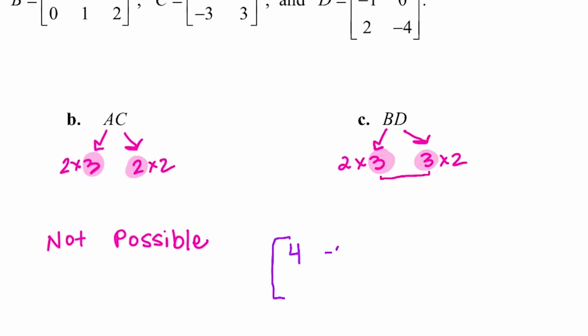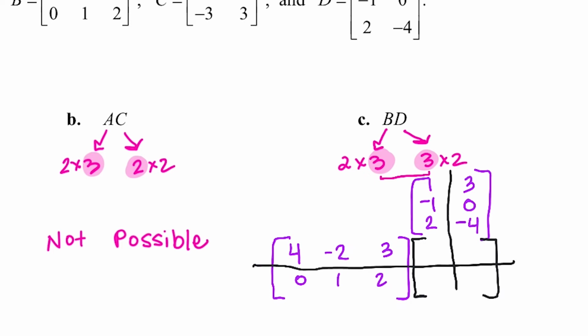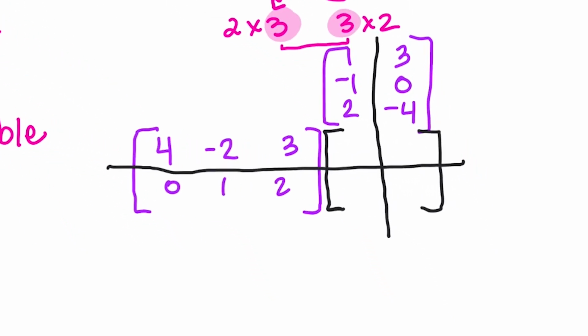That's 4, -2, 3, 0, 1, 2. And I'll write D up and above. That's 1, 3, -1, 0, 2, -4. Our answer will show up right down here. We'll draw a line through these rows here and a line through the column. So your answer is going to be a 2 by 2 matrix.